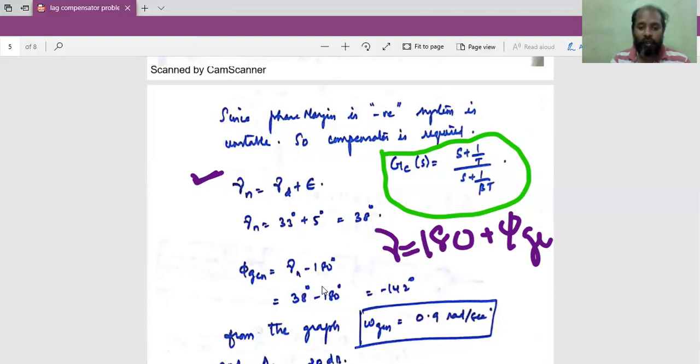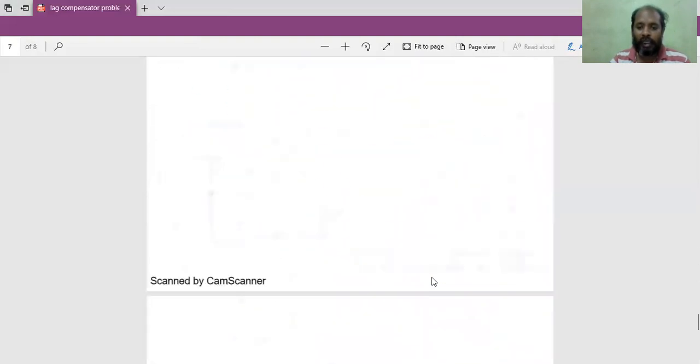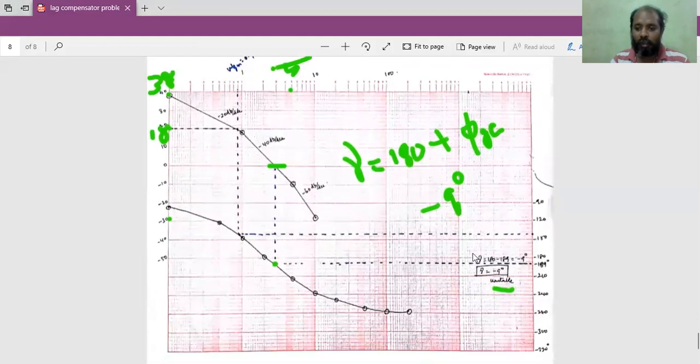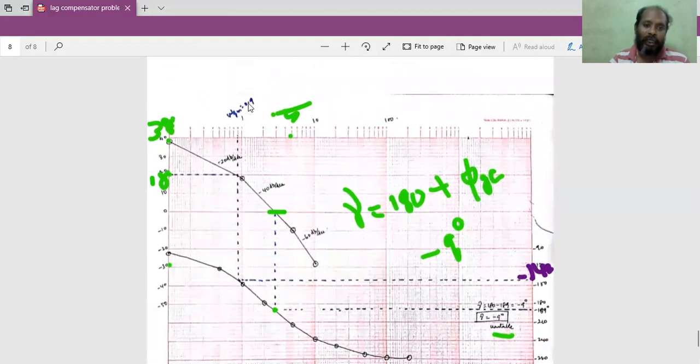Gamma n has been already found, so you get minus 142. Now go to your Bode diagram. You choose this point as minus 142. Your omega GCN, that is your gain crossover frequency, is 0.9, which is nearly around 1 actually.